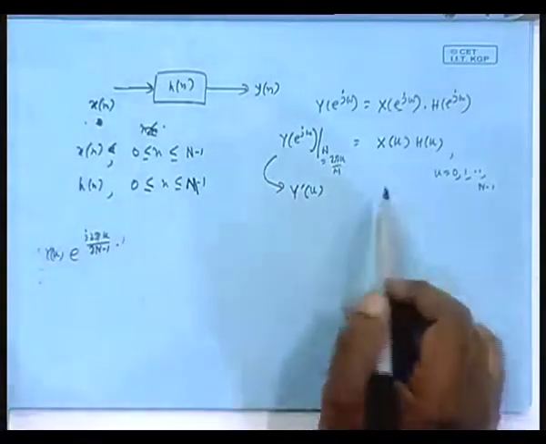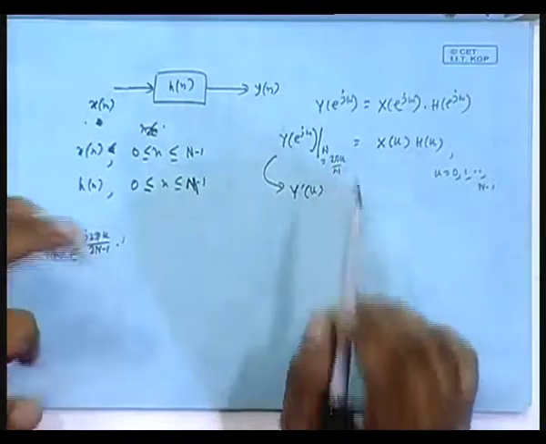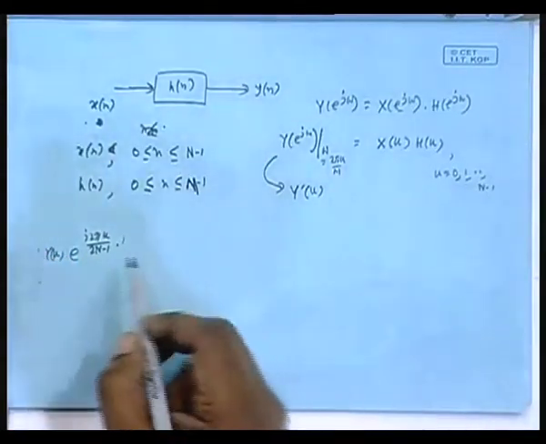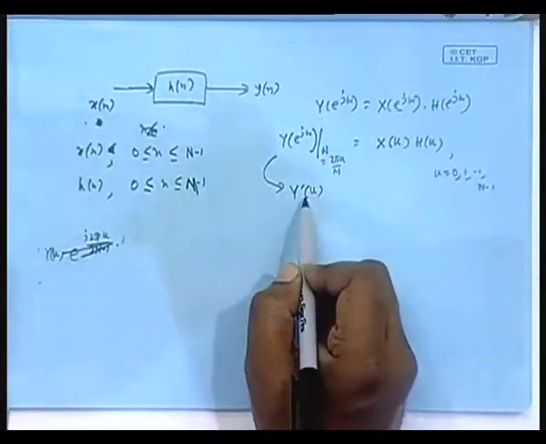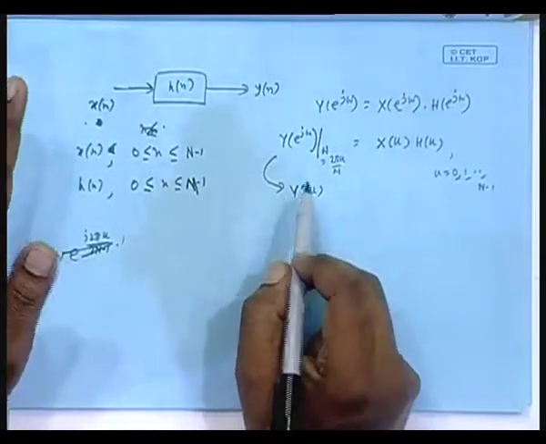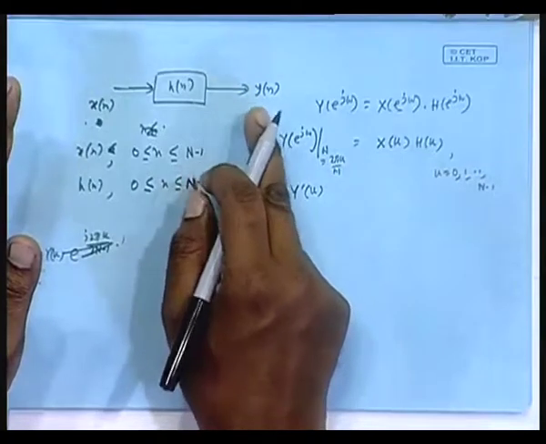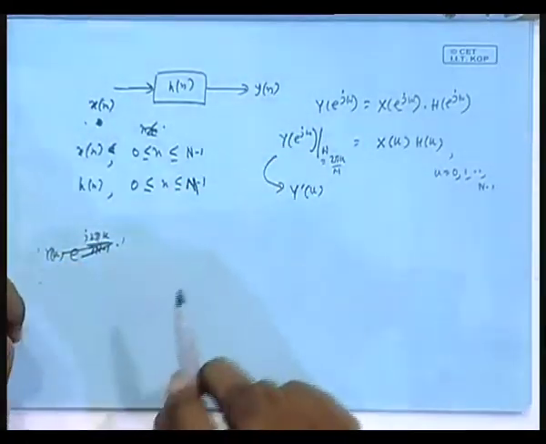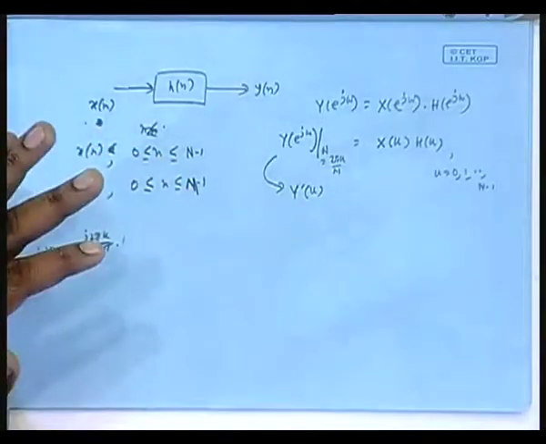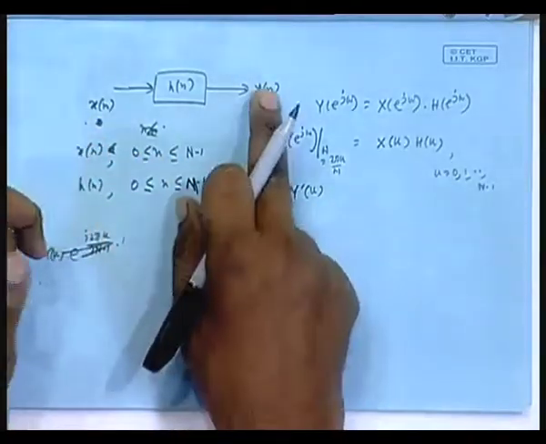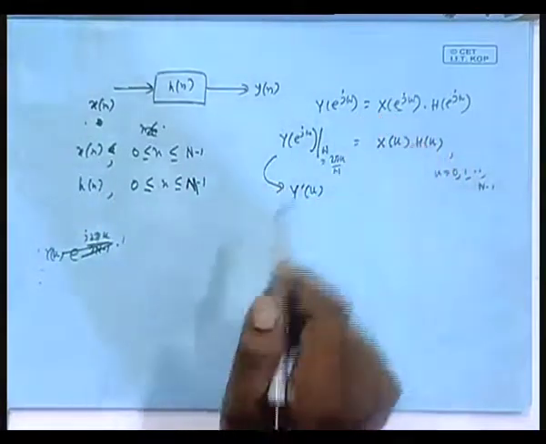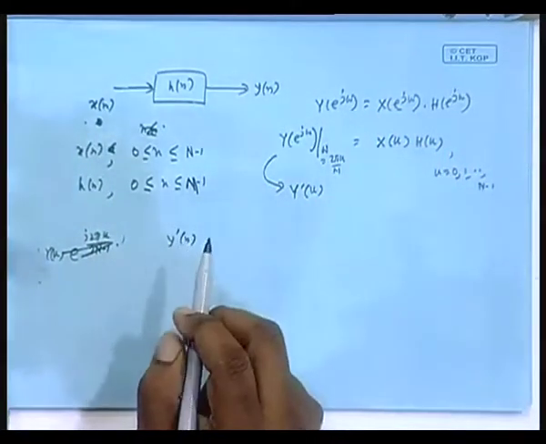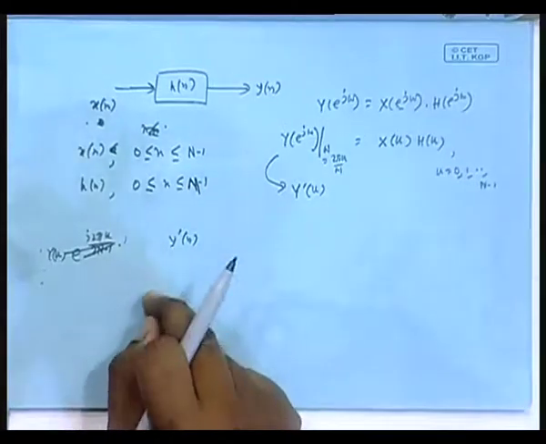But before that, let us evaluate what really we get. If we still stick to the range 0 to n minus 1 only, what do we get? Suppose I call them Y'[k], that is why I am not calling them Y[k]. If it is strictly Y[k], I should take 2n minus 1 points of samples of its DTFT, and that I am not doing. I am simply calling the product Y'[k], and like a fool I am putting them in the IDFT formula, hoping that I will get back y[n], which I will not. So what I will get back is not y[n], so let me call it y'[n], and I will see how much difference there is in y'[n] from y[n].